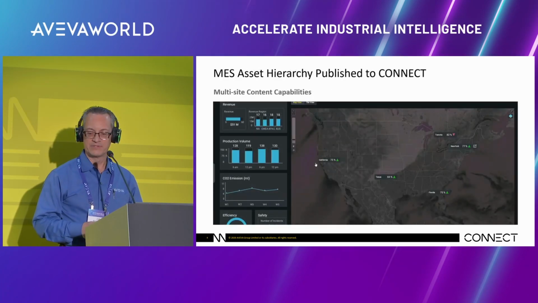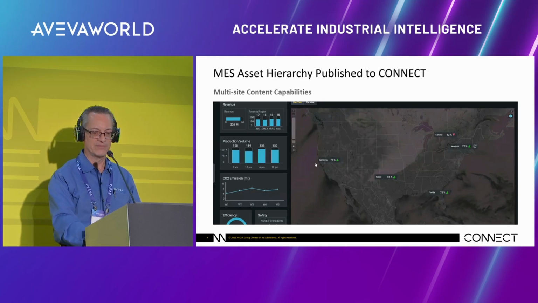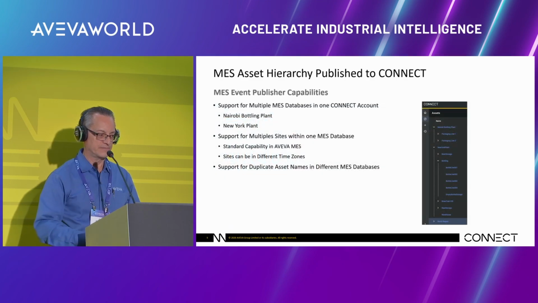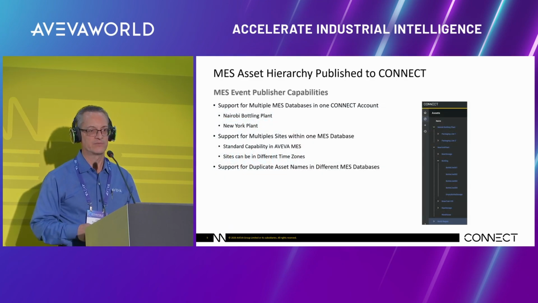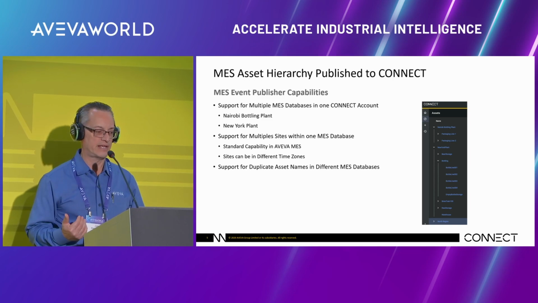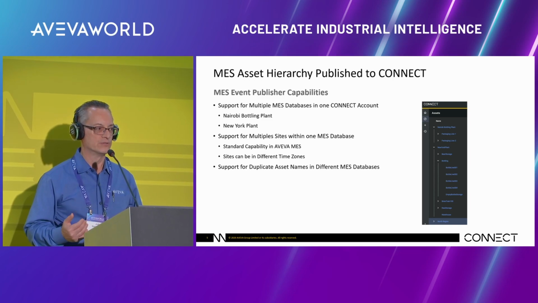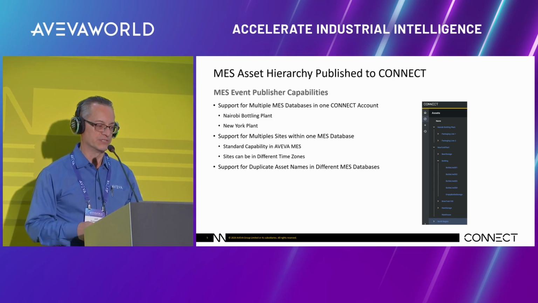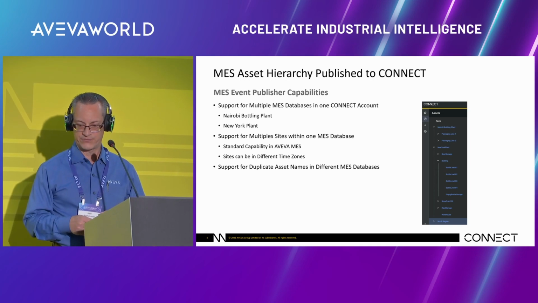All right, so some examples of publishing the MES asset hierarchy. We may have multiple sites that you have existing. Within Connect, when you publish those sites, you'll see an asset hierarchy, and so you get the whole structure. MES publishes its own asset hierarchy and structure there for you.